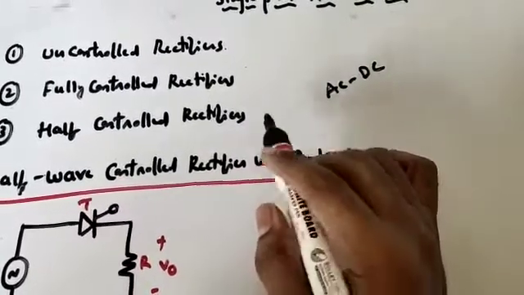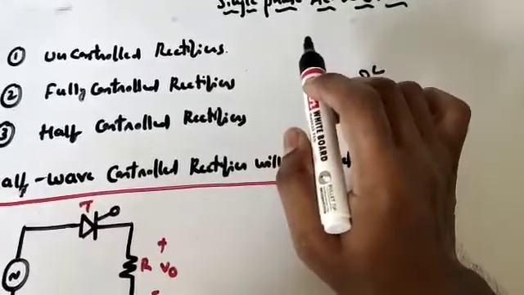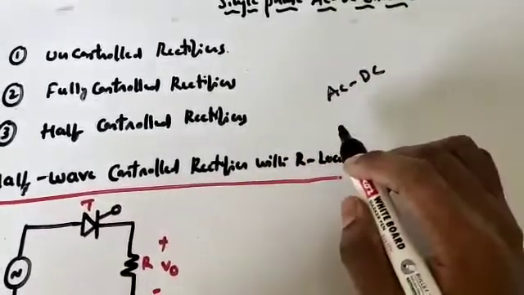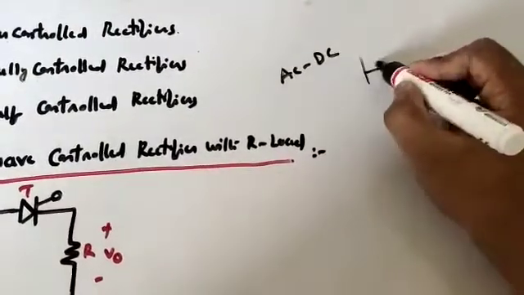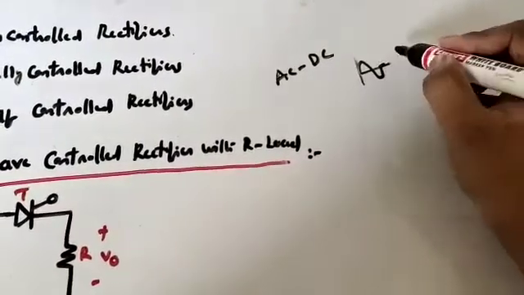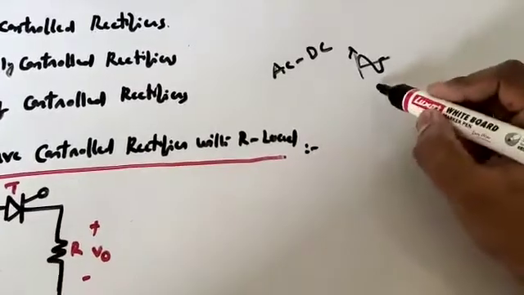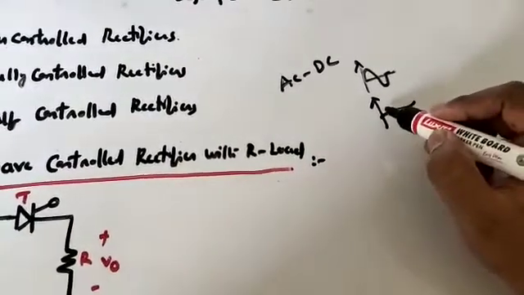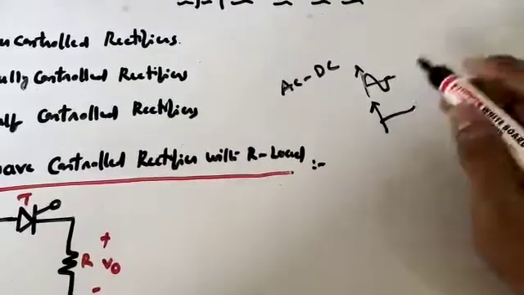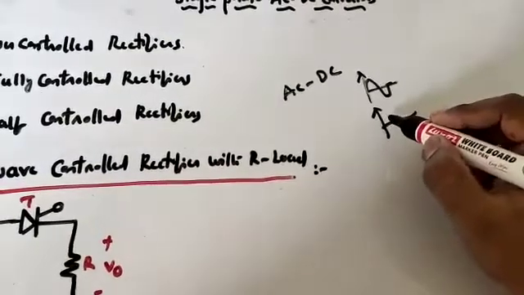An uncontrolled rectifier uses only diodes, and the DC output voltage is fixed in amplitude by the amplitude of the AC supply. That means, for example, if we provide an AC supply like this, in an uncontrolled rectifier we get the DC output voltage as a fixed one.